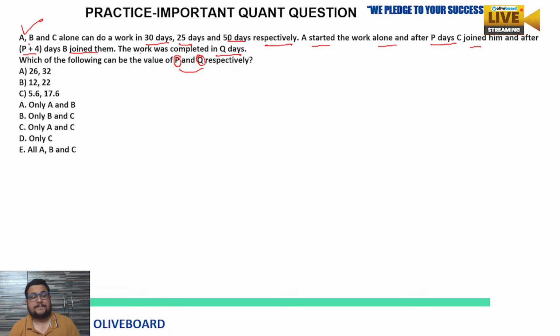Now see what is given here. The basic thing is A, B, C alone can do a work in 30 days, 25 days, 50 days respectively.